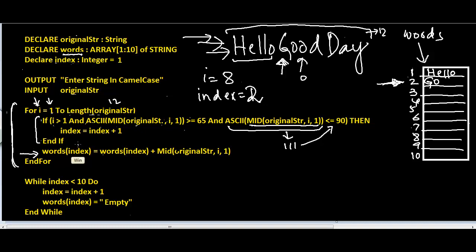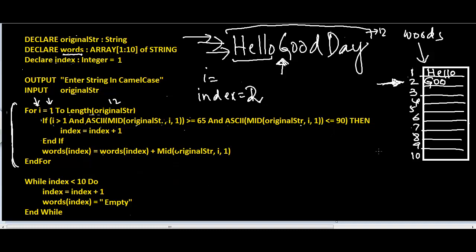This will become words 2 equals words 2 plus mid, and this I is basically 8, right? So this is going to once again return the lowercase o, and this is going to be joined with whatever is already in words 2, and what is already in words 2 is the string value GO. So these two are going to be now joined, and the result is going to be saved in words 2. So words 2 now becomes GOO.